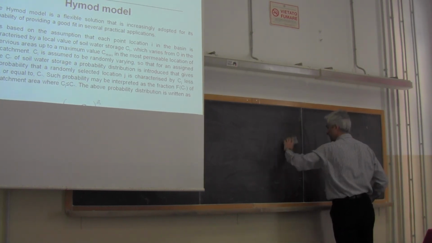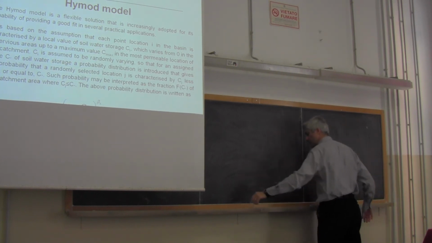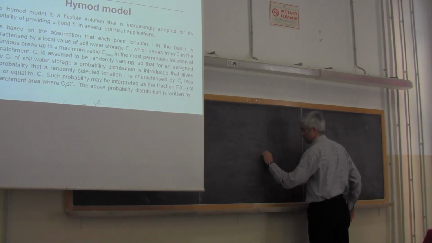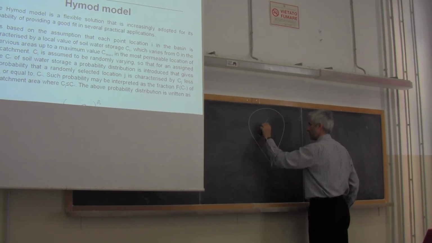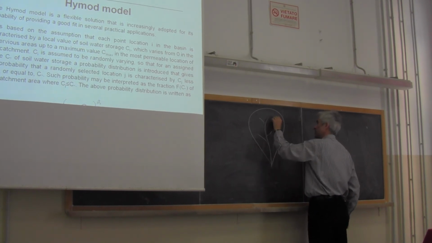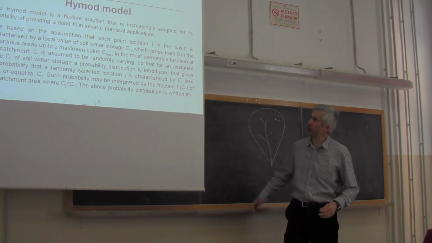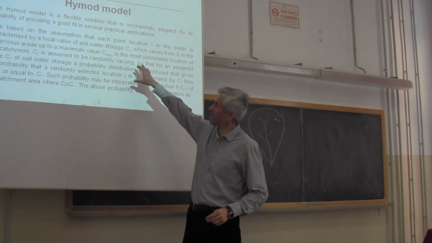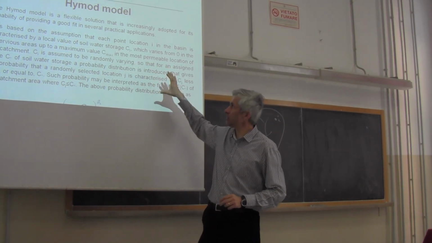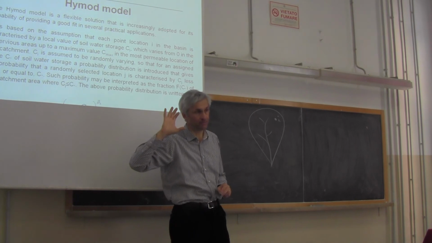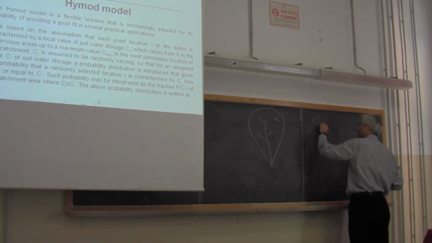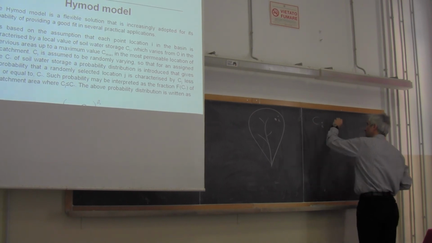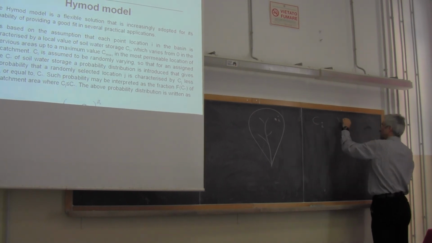Let me pick an arbitrary point location in a catchment, and let me call it I. Each point location is characterized by a local value of soil water storage, and let's call it CI. What does this mean? Soil water storage.